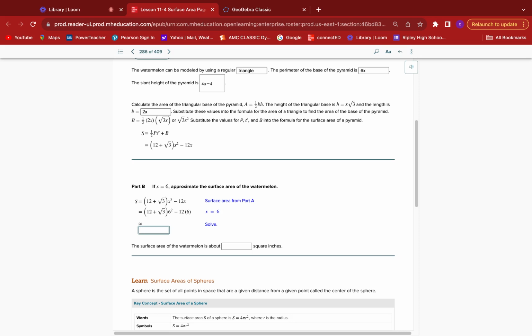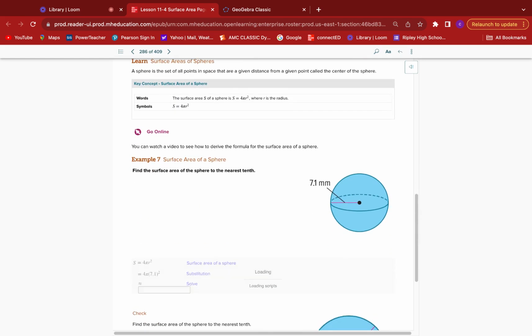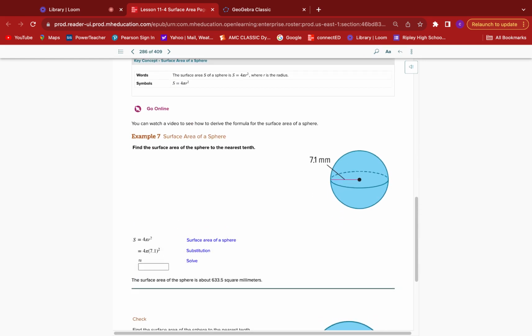Should be looking at approximately 422. Now it's a 0.35, so the 5 makes a 3, round to a 4. So I got 422.4 square inches.